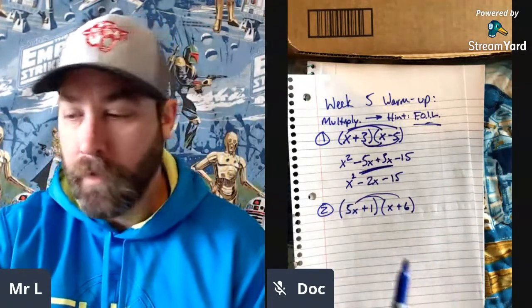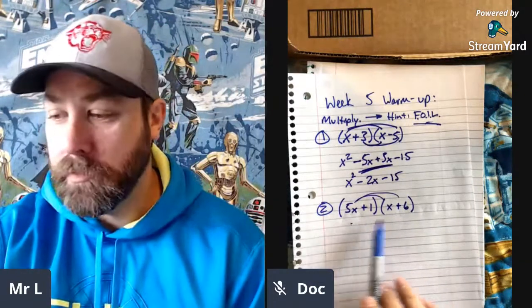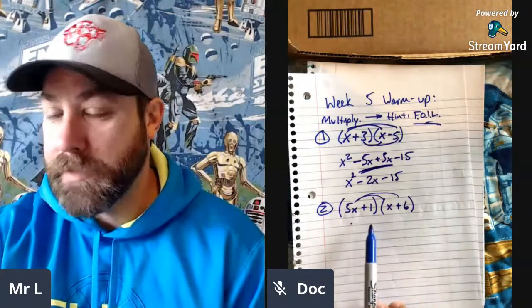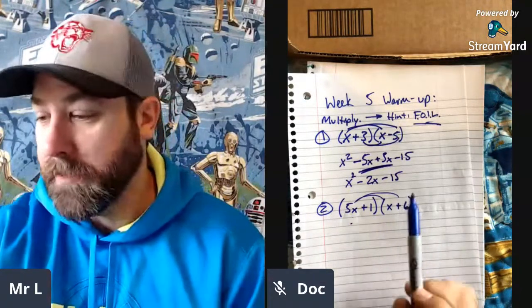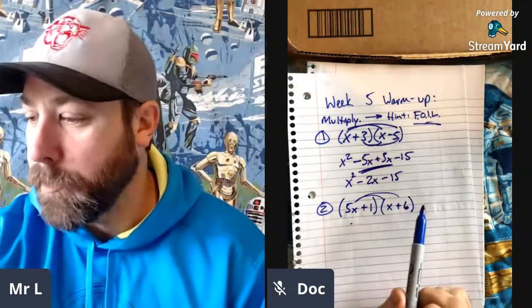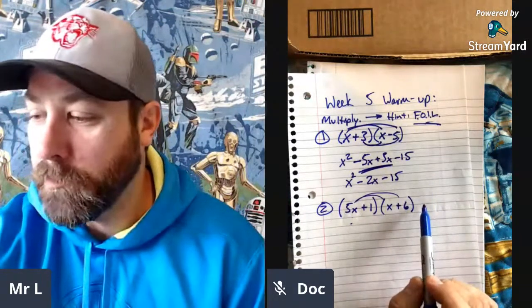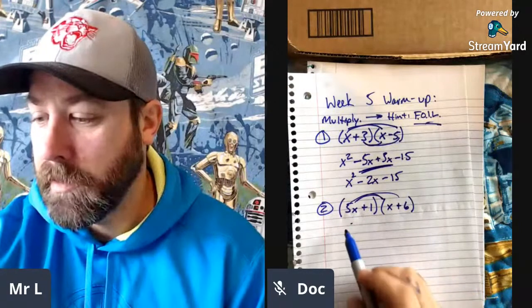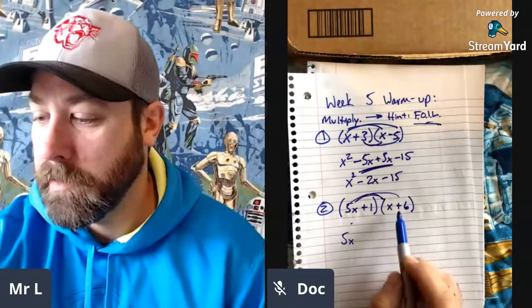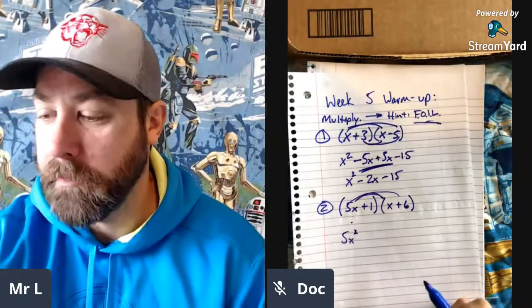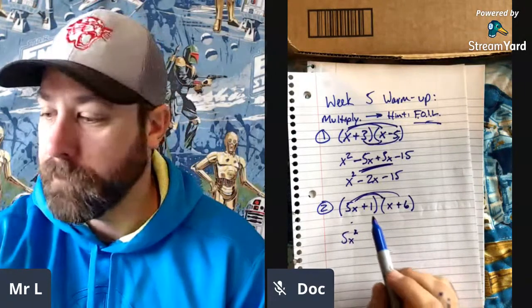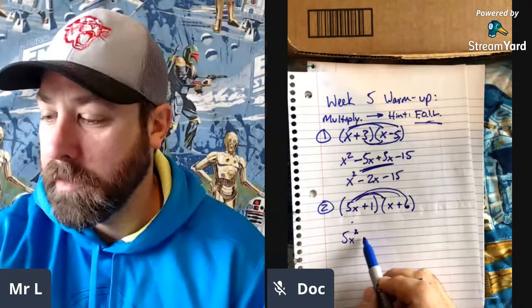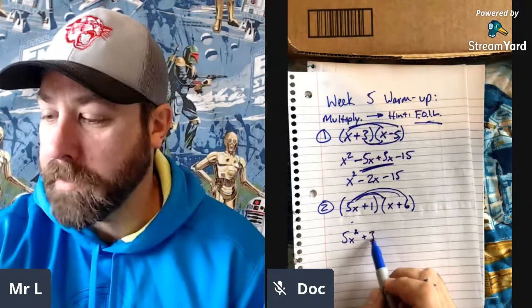All right. Number 2, again, binomial terms. That means 2 terms together. So binomial or FOIL method, again, we'd multiply the first terms, F, so 5x times x would be 5x squared. 5 times 6 would be a positive 30x.